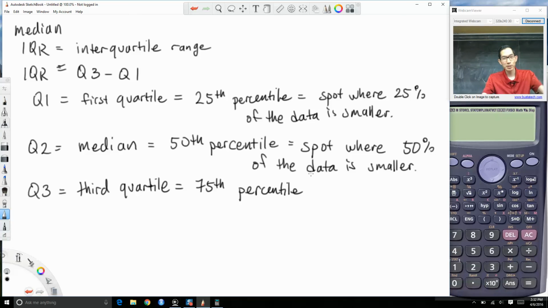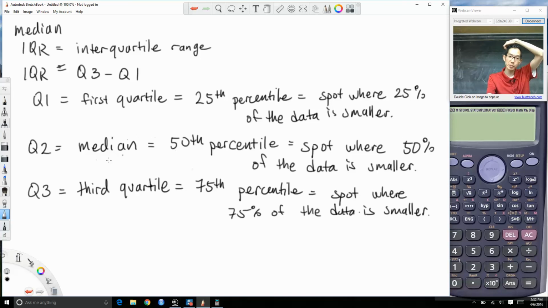Third quartile, 75th percentile, the spot where 75% of the data is smaller. So the median is kind of our measure of center.